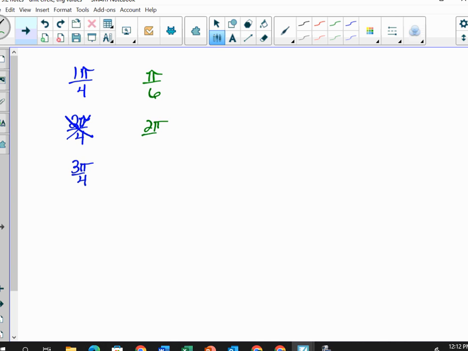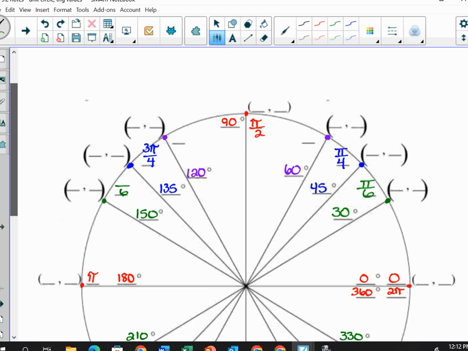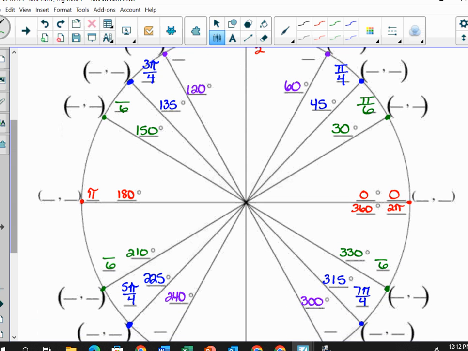Do I want 2 pi over 6? Do I want 3 pi over 6? Do I want 4 pi over 6? No. Do I want 5 pi over 6? Yes. Okay, that's what you're doing in your head. So second quadrant is 5 pi over 6. What's the third quadrant going to be? Yes, 7 pi over 6.